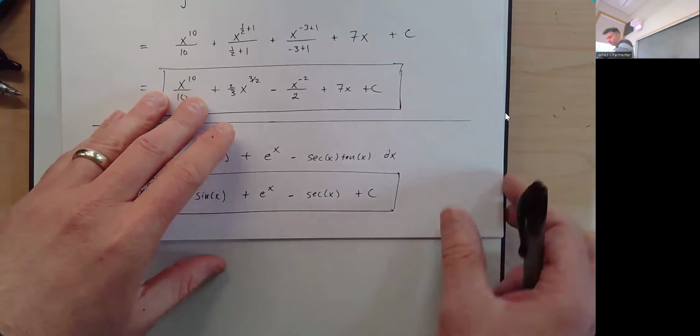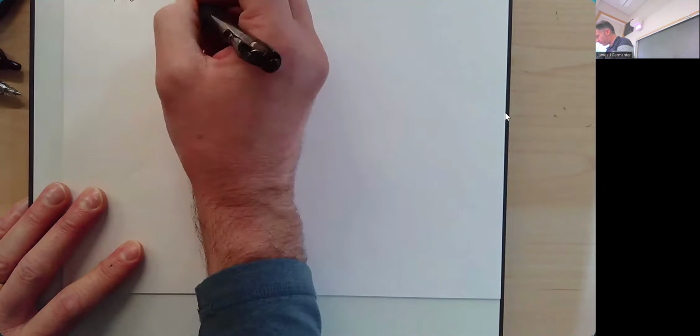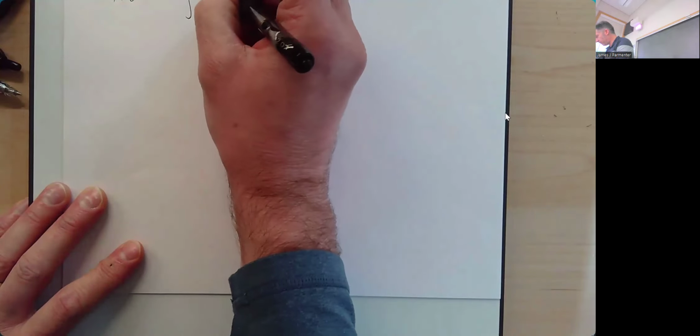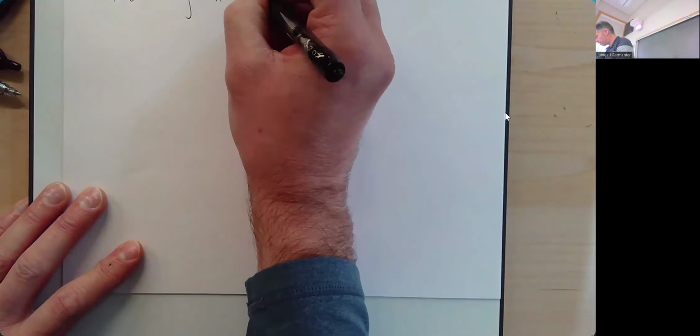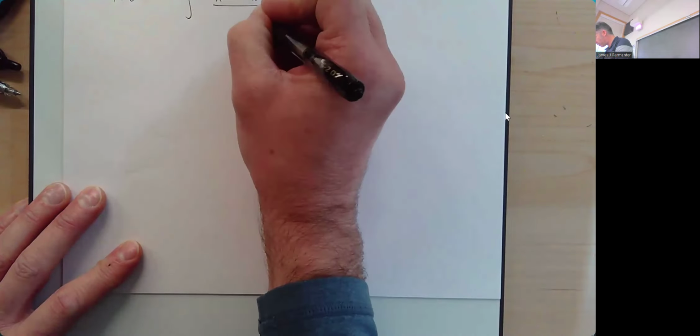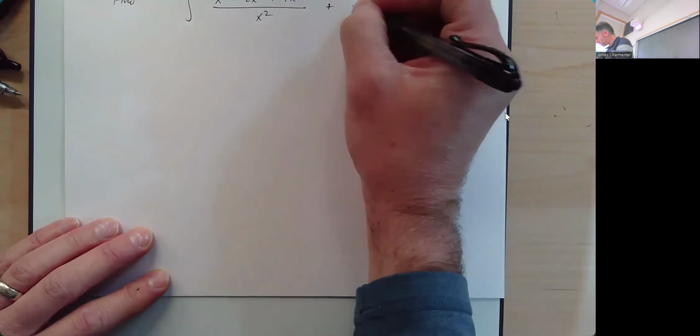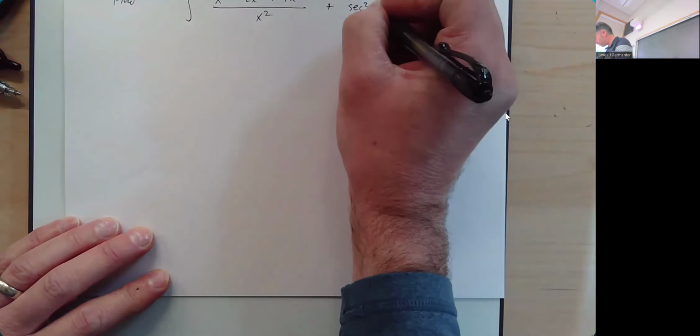Maybe even, yeah, sure. Let's say we want to find the antiderivative of x to the 5th plus 2x cubed plus 7x over x squared plus secant squared of x.